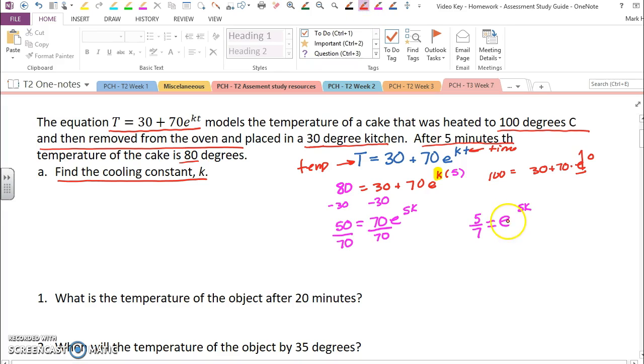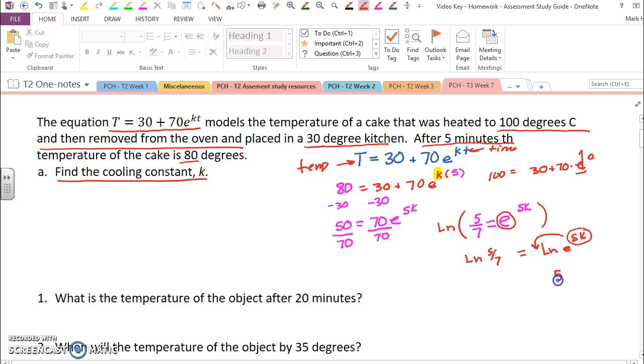We're trying to undo this e, and we'll do that by taking the natural log of both sides. Ln of 5/7 will equal ln of e to the 5K. Well, this is an exponent, and one of our log rules allows us to bring that down.